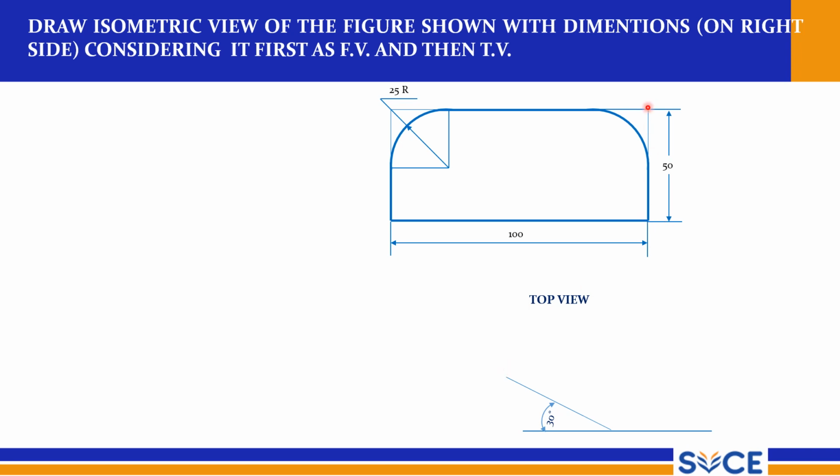Because the 50 mm is given, or you can draw a 50 mm thin line, right? And 100 mm thin line on another 30 degree line, right? So that is 100 mm, and here it is 50 mm, right? So complete the box. So this is the iso rectangle you are drawing here.